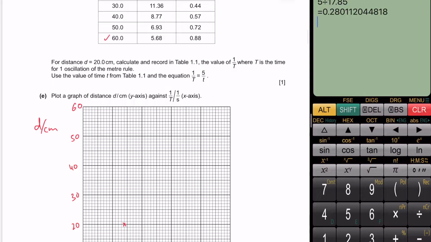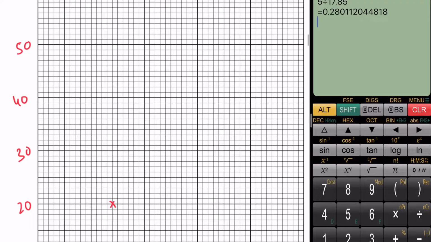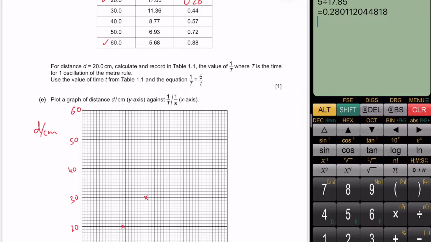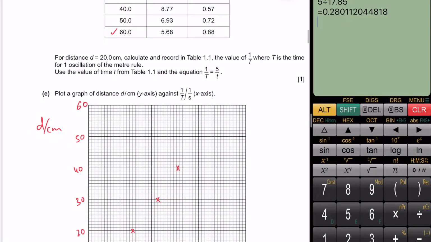Don't use dot, because when you draw a line the dots are usually not visible. At 30.0 we have 0.44. Then we have 40.0, 0.57. 50 is 0.72 and 60 is 0.88.